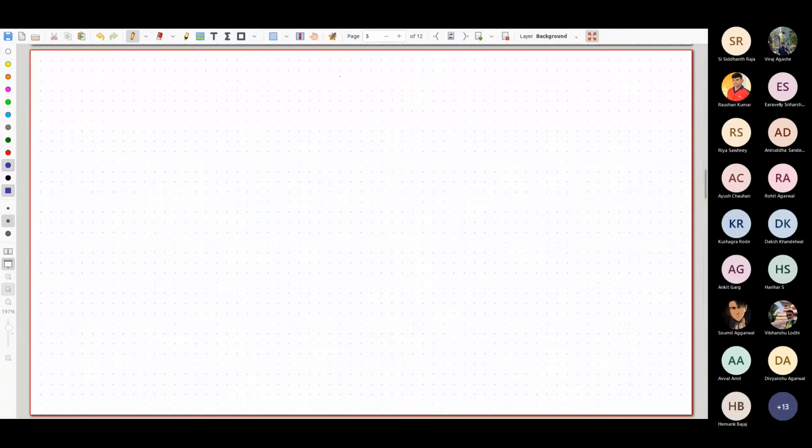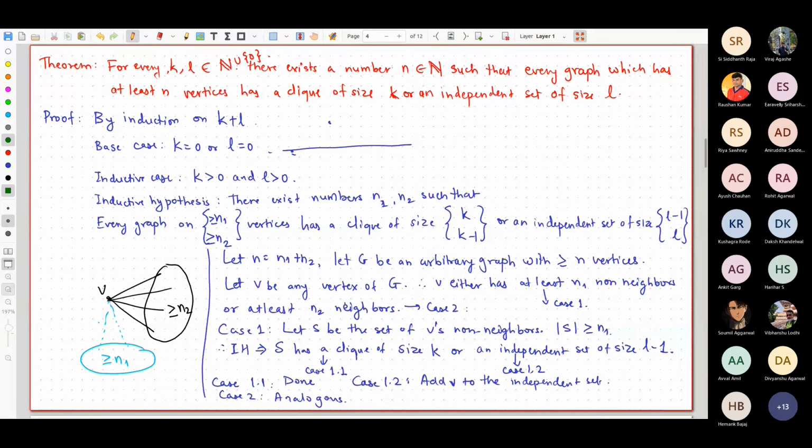Okay. So now quickly let us define n of K, L. What do we know? There exists some number n such that for every k and l, every graph which has at least n vertices has some nice property.